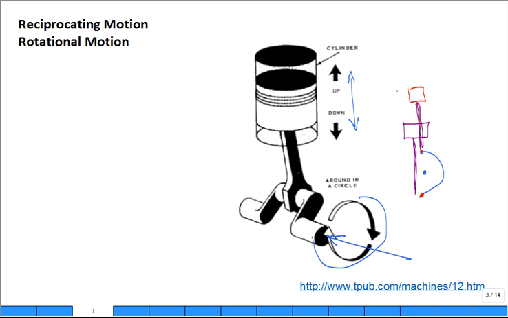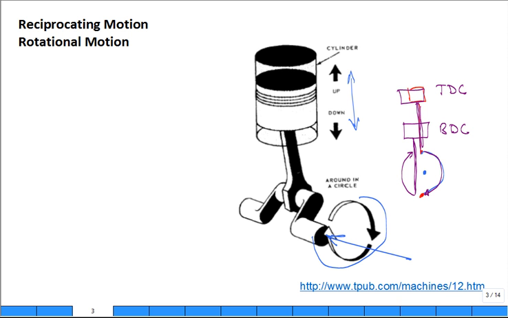So the piston went from top dead center to bottom dead center with a rotation of 1/2 a rotation of the crank. If you do another 1/2, the piston goes back from bottom to top. So one complete rotation gives you how many slides or strokes of the piston in the cylinder? One stroke down and then one stroke up.